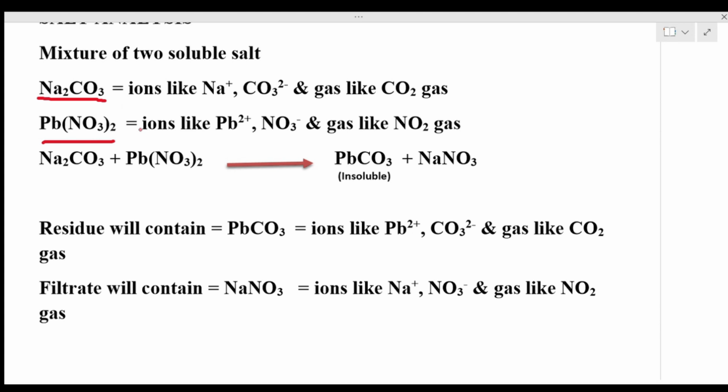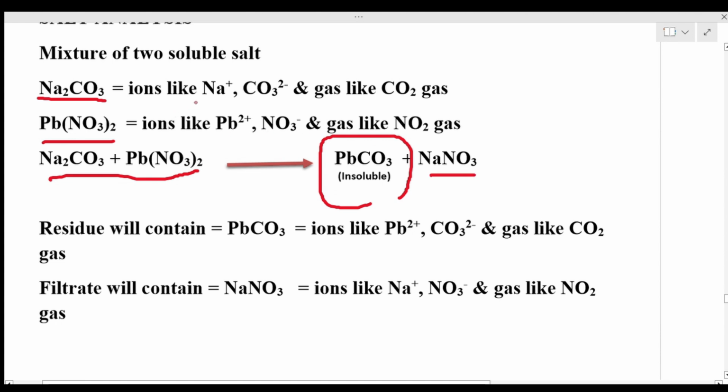And as a chemist, if you are mixing 2 salts together, something will come to mind. What will come to mind? It will come to your mind that definitely they will ask you to filter a particular salt. But we have 2 soluble salts. So there will be double decomposition for these 2 salts, and precipitation will take place to form PbNO3, which is insoluble, and NaNO3, which is soluble.